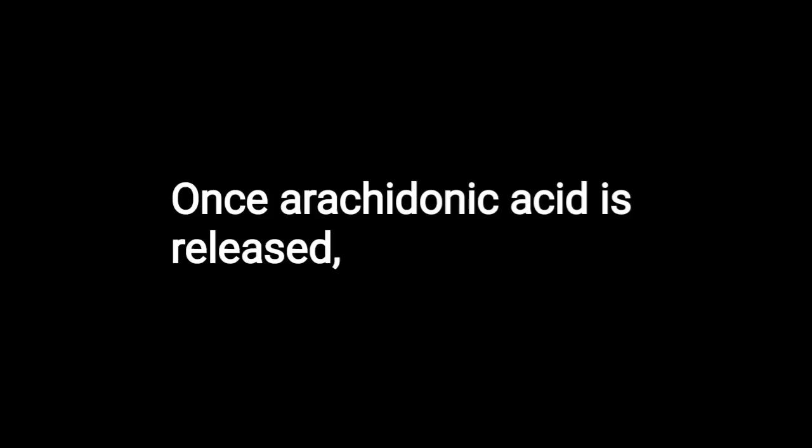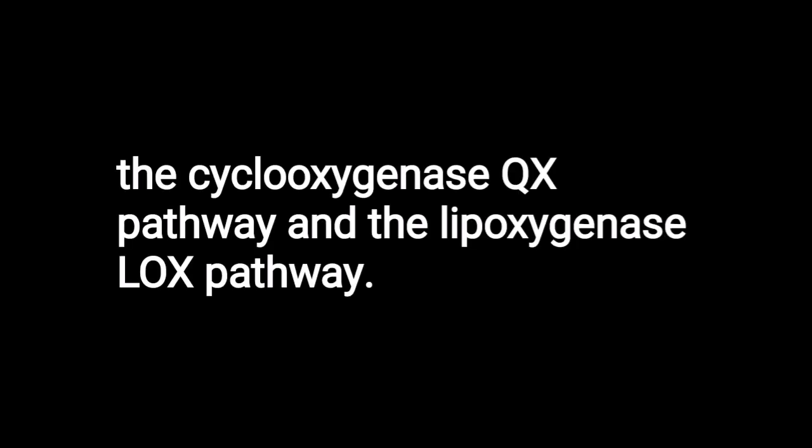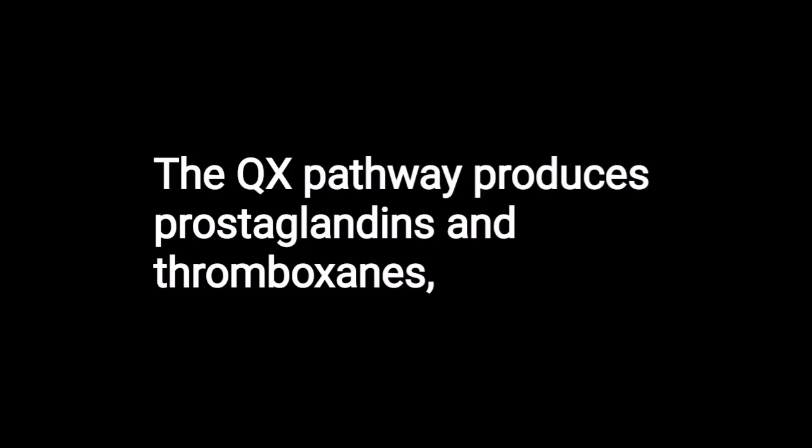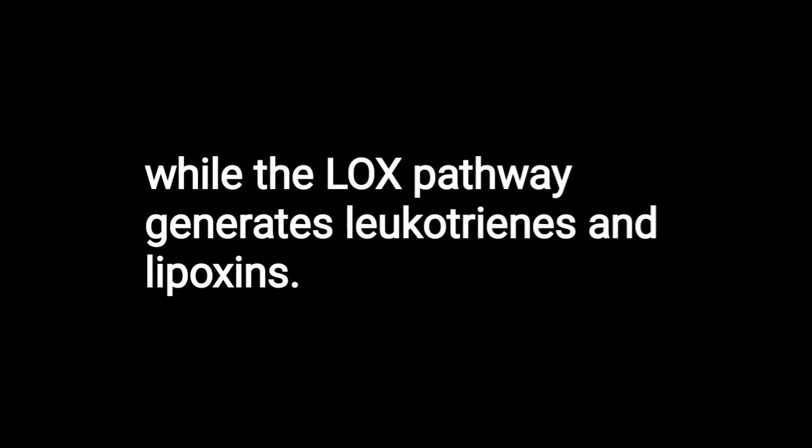Once arachidonic acid is released, it can be metabolized through two main enzymatic pathways, the cyclooxygenase, COX pathway, and the lipoxygenase, LOX pathway. The COX pathway produces prostaglandins and thromboxanes, while the LOX pathway generates leukotrienes and lipoxins.